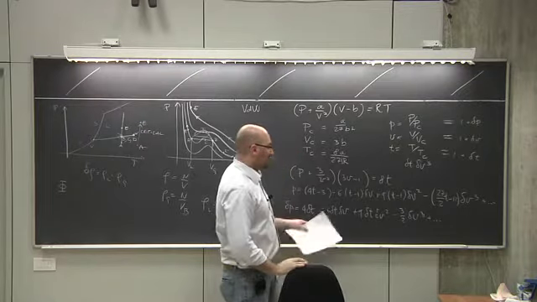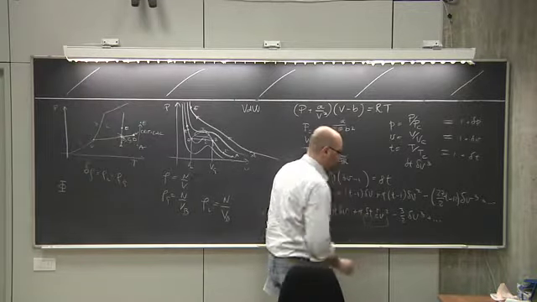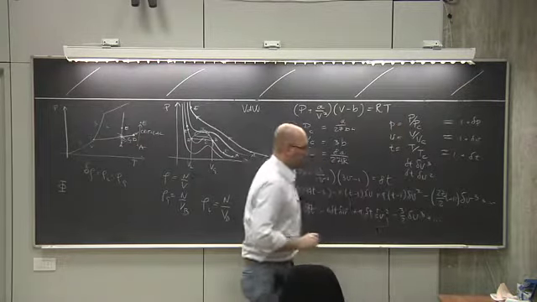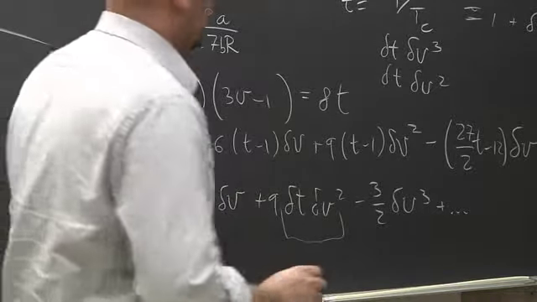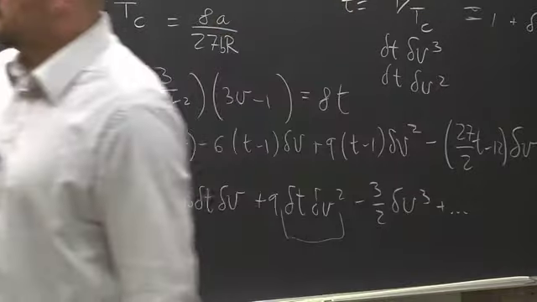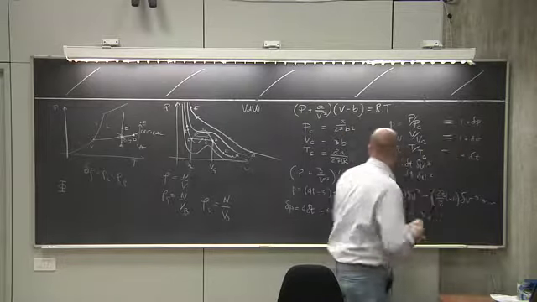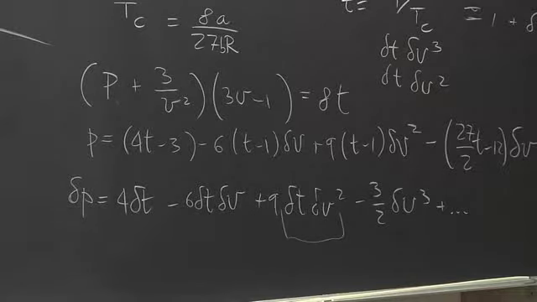So why is this? Also let me show you that we can neglect this term here, delta t delta v squared. Why is this? Because I will show you that the relevant region where things happen is where delta v is of order of delta t to the 1/2.